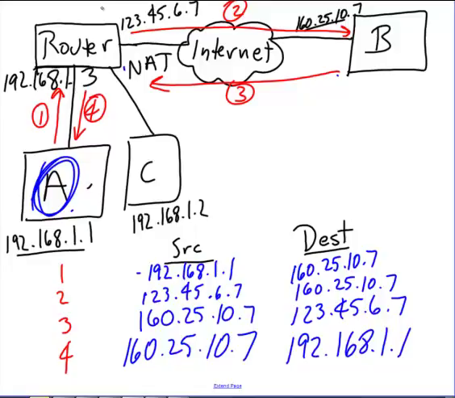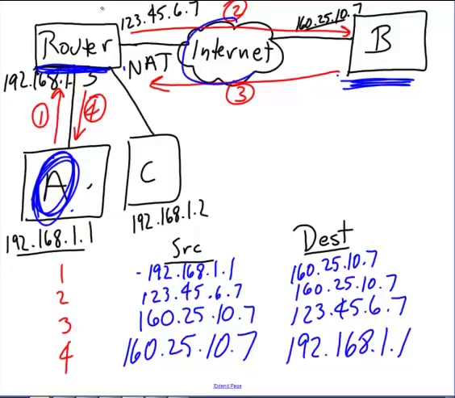And that, in a nutshell, is network address translation. From the standpoint of B, the entire transaction was with the router, which, since it has an IP address, is just another machine on the internet as far as B is concerned. However, the real communication was taking place with A, which is a private address hidden behind the router.